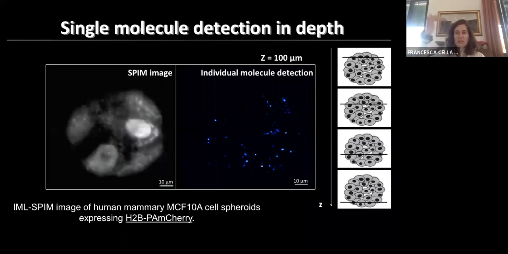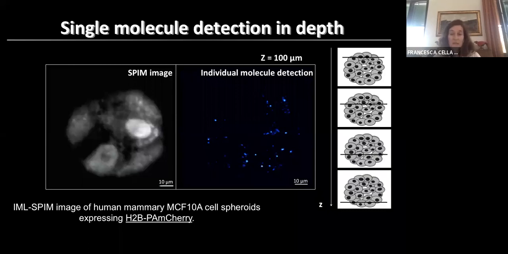So we can still localize molecules along the whole mammary cell spheroid, because one option was that if we move deeper into the sample, we lose photons and on the other side of the spheroid we cannot see single molecules, but this is not the case.